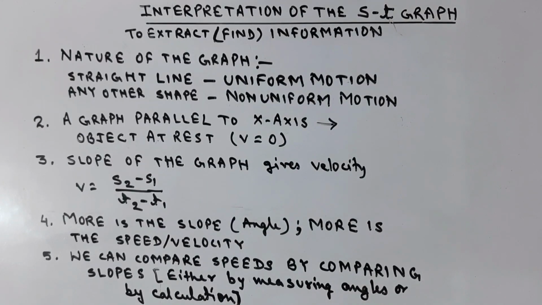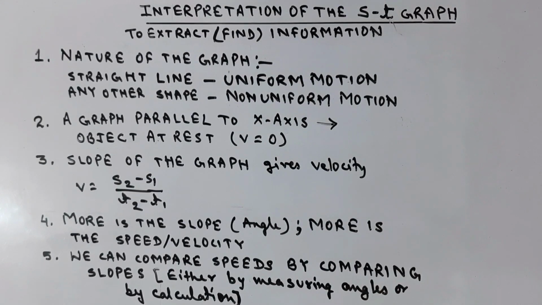Now that we have discussed the distance time graph, let us see how we can interpret the ST graph. By interpretation of a graph, we mean to extract or to find information from the graph by studying it. So what information can we get from the distance time graph?